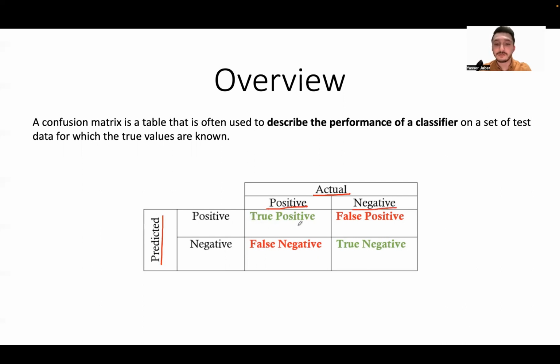So here we have these four terms. You might be wondering what these are, which are true positive, true negative, false positive, and false negative. Let's go through the pregnancy diagnosis example together to understand in more details what these terms are.